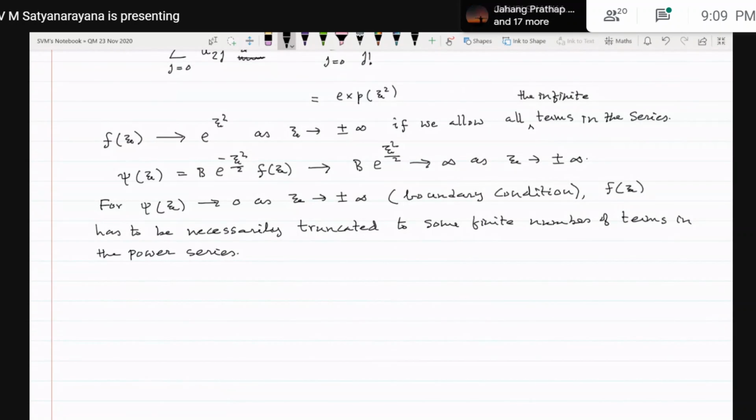Look at our recurrence relation again. A_(j+2) is equal to (2j minus epsilon minus 1) divided by (j+2) into (j+1), into A_j.